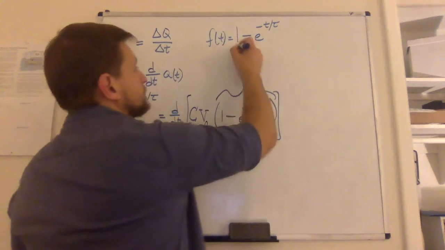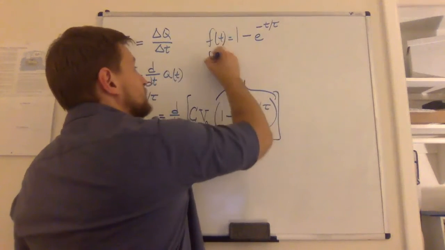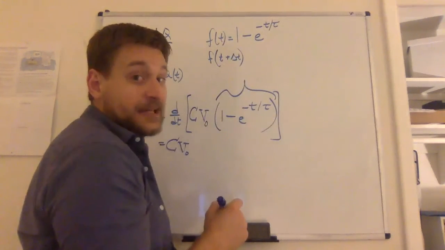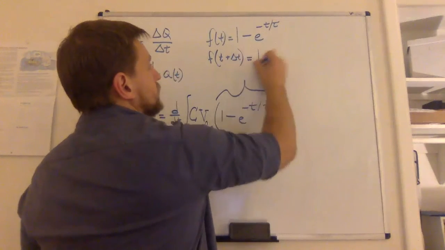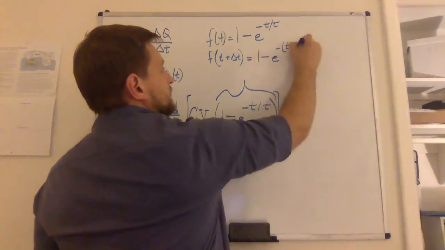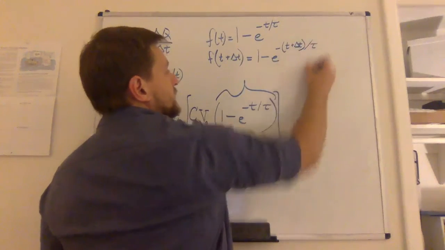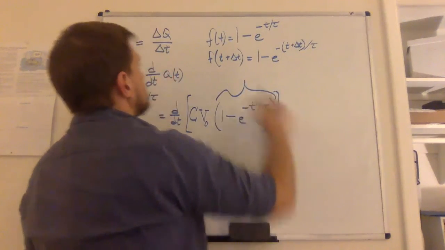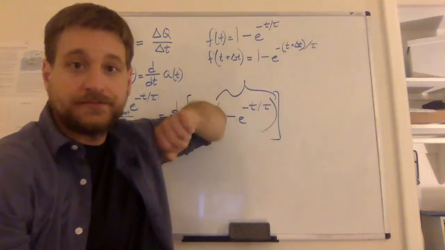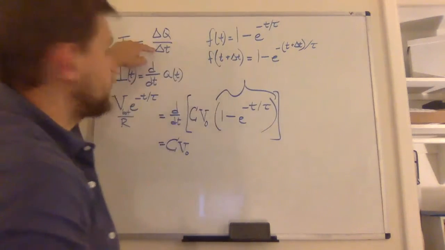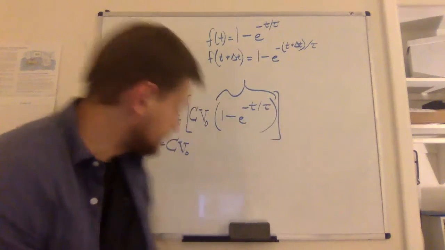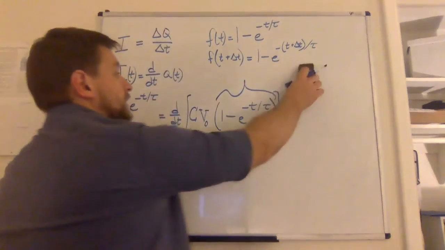Let's find out. The function has a new value delta t later: 1 minus e to the negative t plus delta t over tau. How much did the function change? It's the difference, one minus the other. We've got to divide by the very small amount of time, delta t, that went by. All right, let's see what happens.